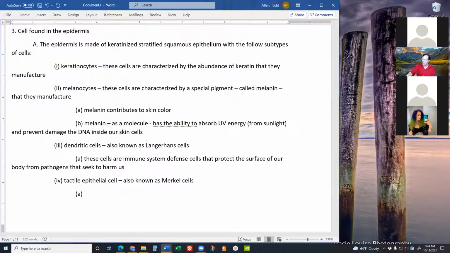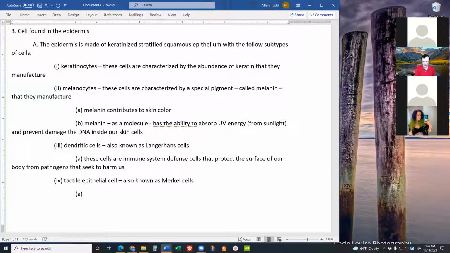And so you can tell when somebody is giving you a hug. You can tell when somebody's lightly rubbing a finger across the surface of the arm. You can tell when somebody's touching the hair on your arm. That's due to the tactile epithelial cells communicating the sensation to the neuron, which then transmits it to the central nervous system, which then gives you a conscious awareness of what's happening at the surface of your body.